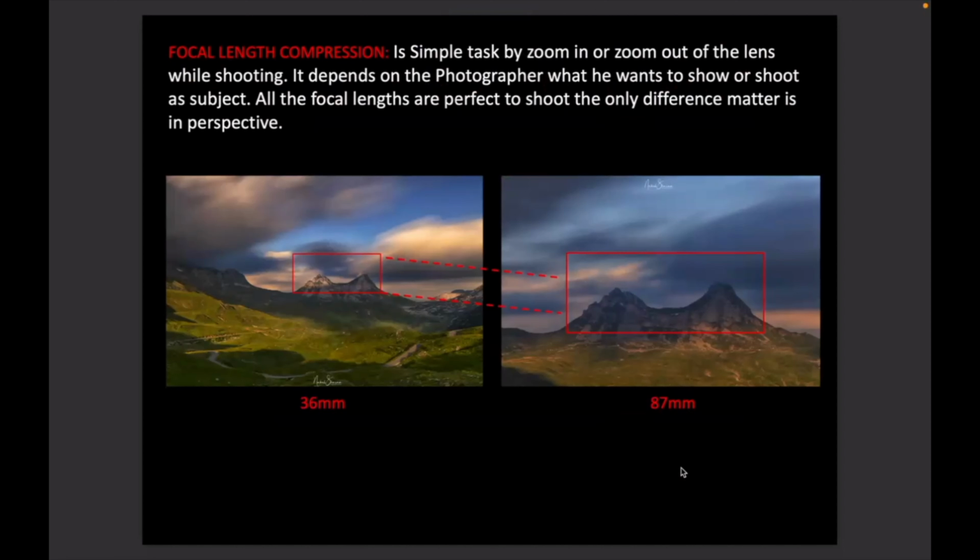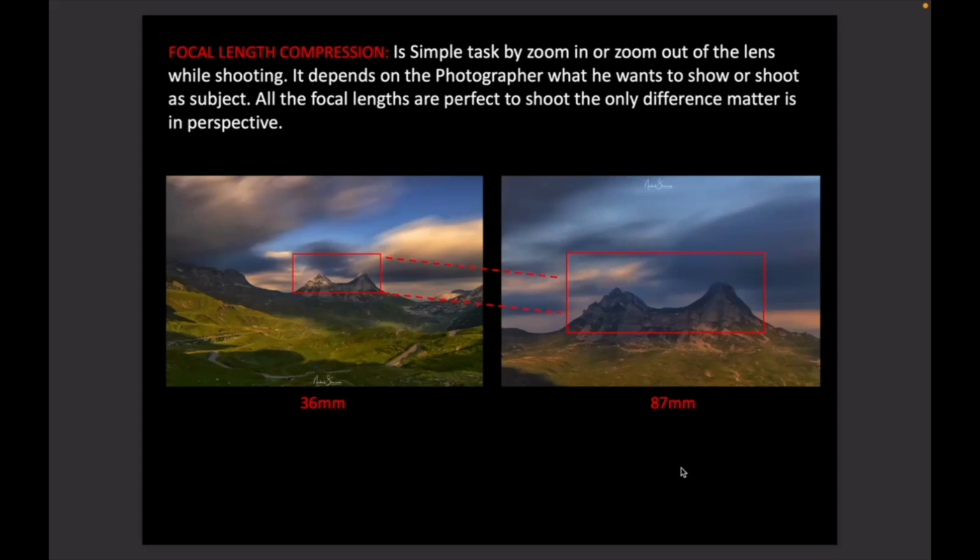No, there is no such rule. You can shoot landscape at any mm you want. I have seen pictures by landscape photographers clicked at 400 mm, and I have seen pictures clicked at 15 mm as well. But again, it depends on the subject, where and how you're standing, what your subject is and what you want to portray as a picture.